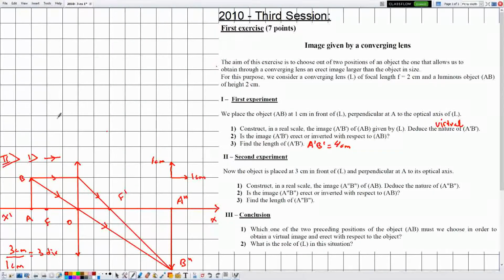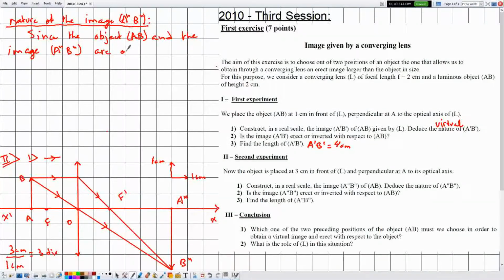Okay, so we are still in part 1 of the second experiment. We will say that since the object AB and the image A double prime, B double prime are on opposite sides, then the image A double prime, B double prime is real.